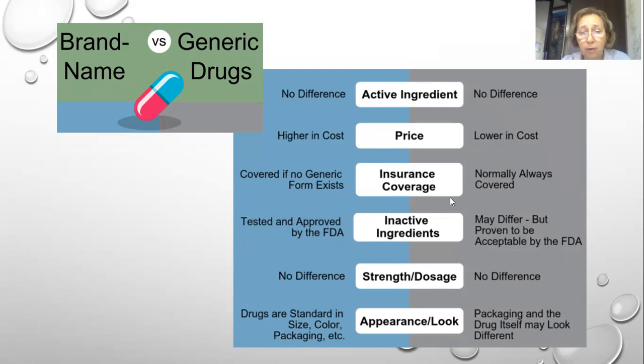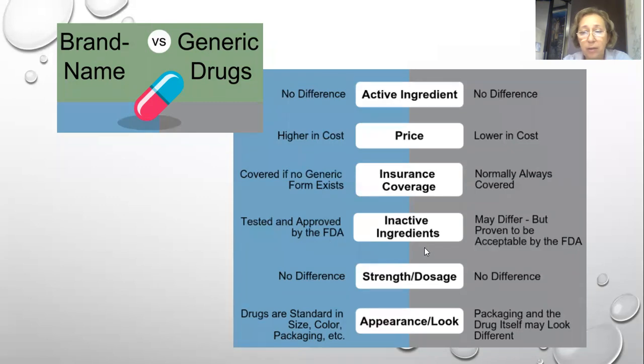About insurance coverage, it is covered if no generic form exists, and normally always covered with the price of generic drugs. Inactive ingredients, you were speaking about this, are tested and approved by the FDA organization.